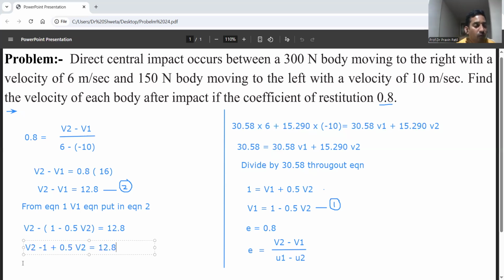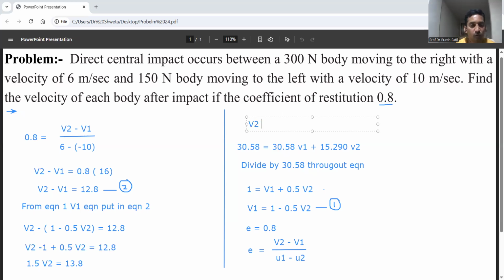So V2 plus 0.5 V2 will be 1.5 V2 is equal to, taking the minus 1 to the right side, 12.8 plus 1, which is 13.8. We get the V2 value from this.